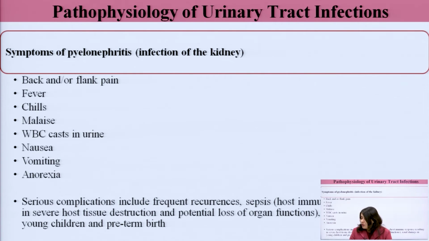Sepsis, host immune response resulting in severe host tissue destruction and potential loss of organ functions. Sepsis occurs basically when the infection from the kidneys moves further upwards into the bloodstream. Now, you would have heard the term septic. When these microorganisms lodge an infection in the bloodstream itself, now this blood is going where?